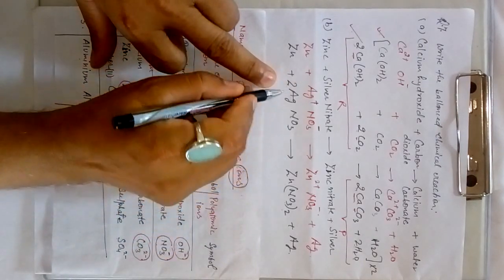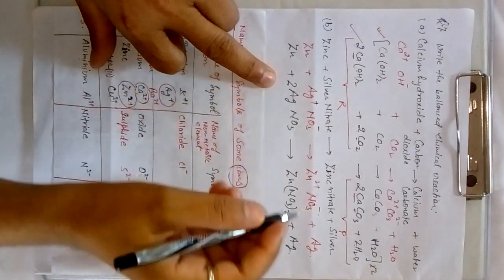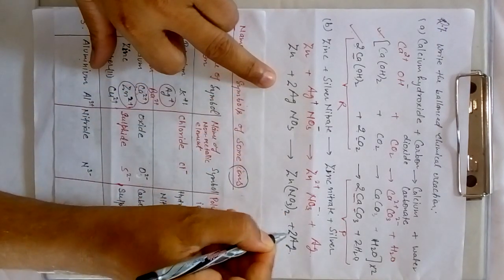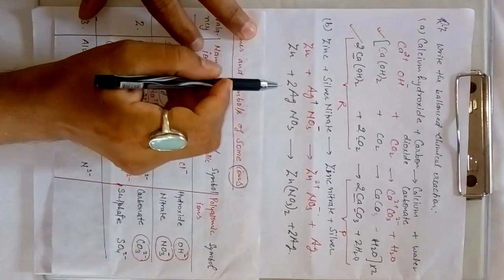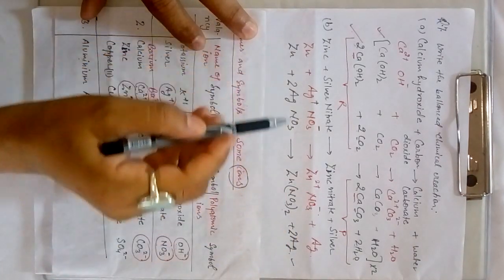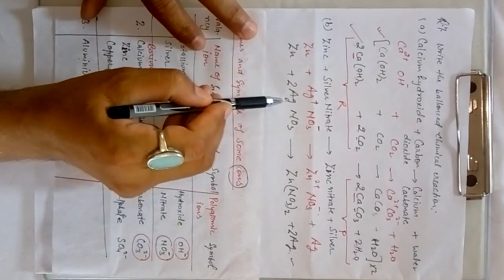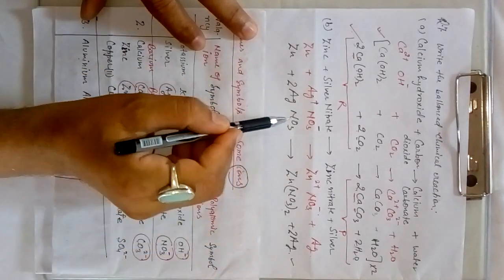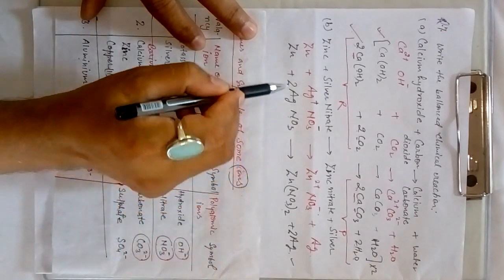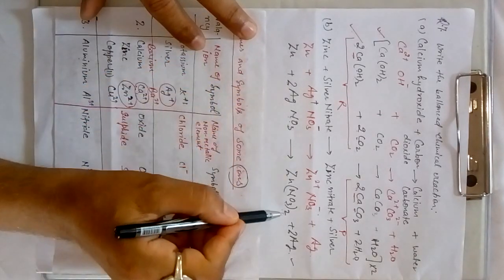So now NO3 is balanced, so Ag is here 2 and Ag multiply by 2. So now you can see this is the balanced chemical equation. Zn 1, Zn 1, Ag 2, nitrogen 2, nitrogen 2, 3 twos are 6 oxygen, 6 oxygen.